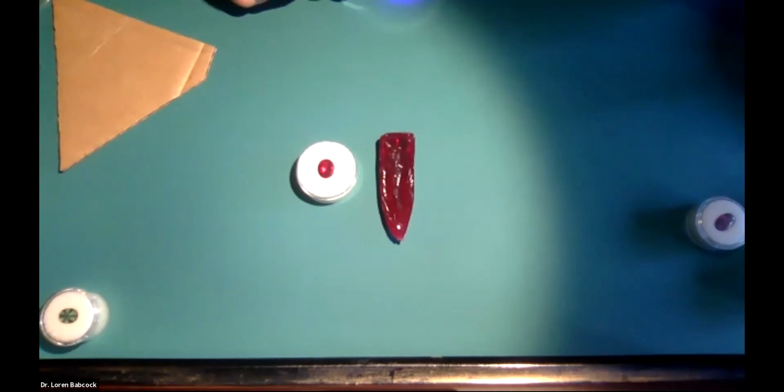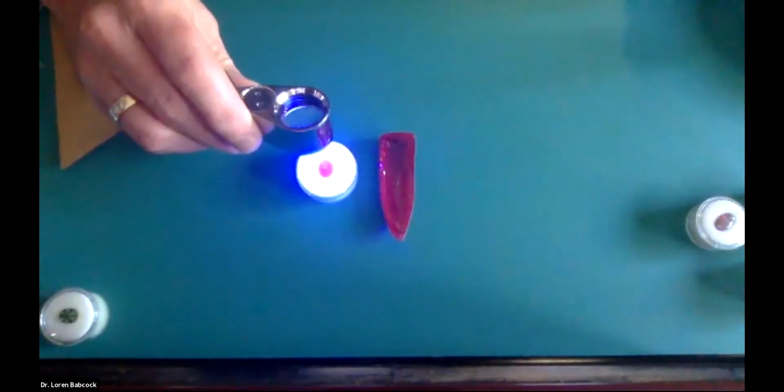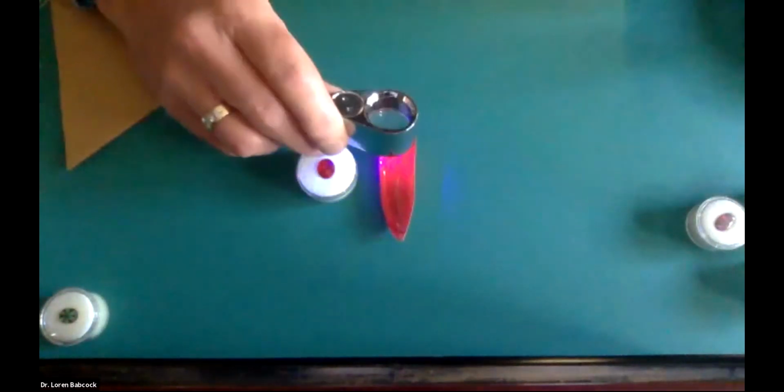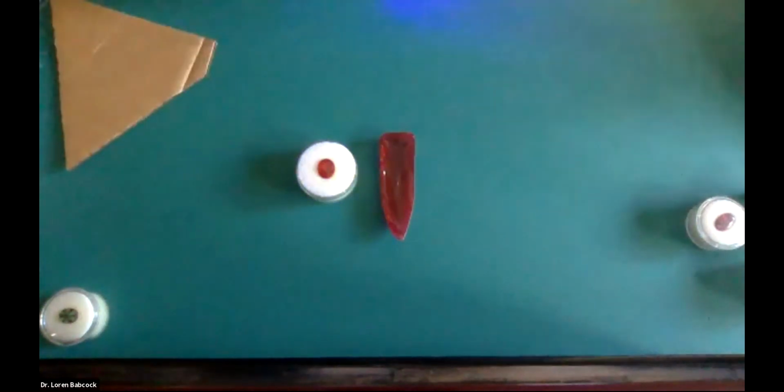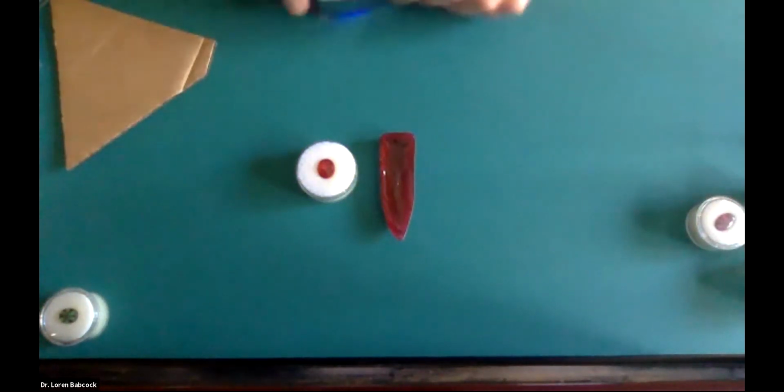Okay, so that's what it looks like under normal LED light, and this is what it looks like under ultraviolet. A completely different kind of color, and that's a way of instantly identifying a synthetic ruby. Let's switch back here.